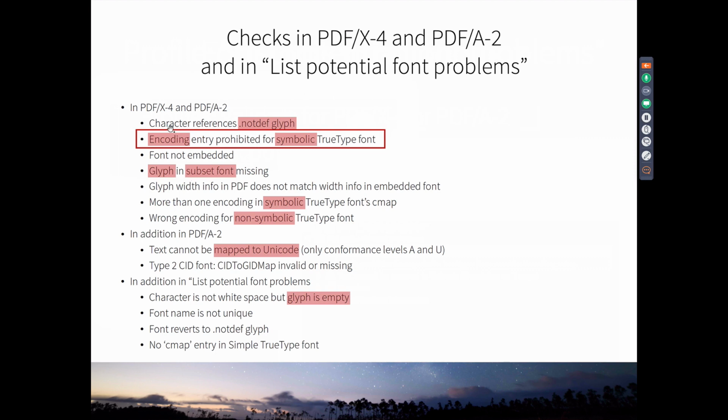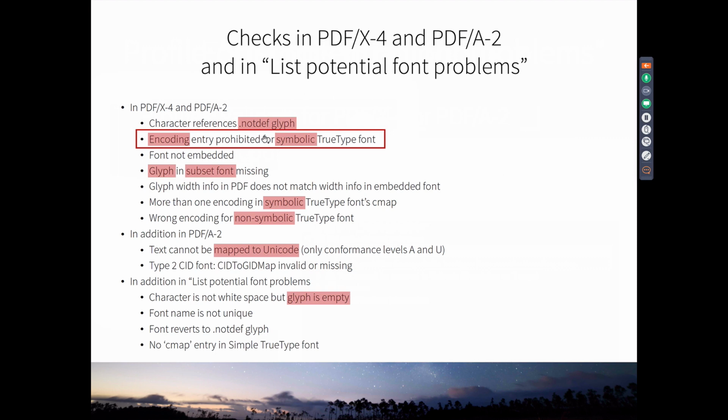First, we have a couple here that are in both PDF/X-4 and PDF/A-2. For instance, character reference is notdef glyph. And I've already indicated in red here the terms that I want to explain in this webinar.